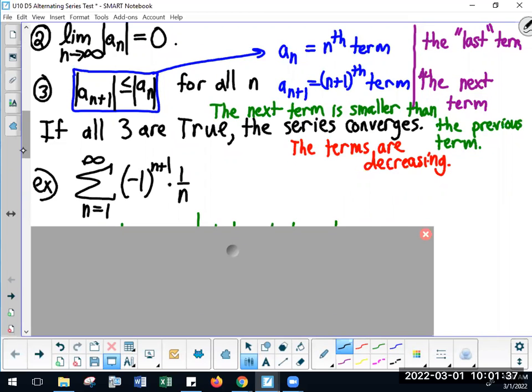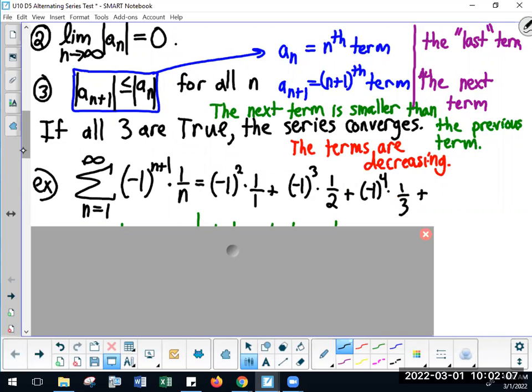But if you're confused about what to try here, then try writing out a few terms. So literally write out -1 to the 1 plus 1 power times 1 divided by 1. And then -1 to the 2 plus 1 power times 1/2. And then -1 to the 4th power times 1/3.